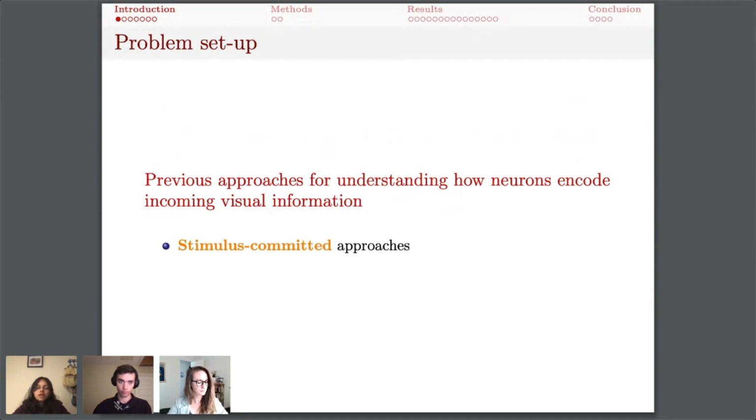One of the more classical, common approaches is what might be best described as a stimulus-committed approach, in which subjects are presented with a pre-selected stimulus set, and then the goal is to determine which among these stimuli maximizes the brain responses. This approach has been instrumental in the discovery of various category-selective regions within the brain, for example, regions that selectively respond to faces, places, words, or body parts.